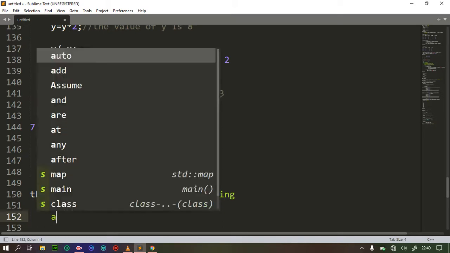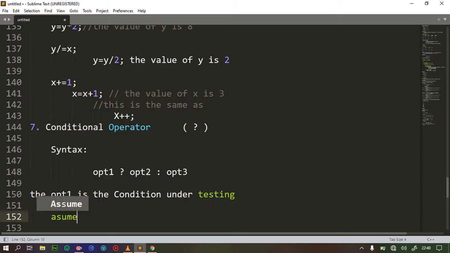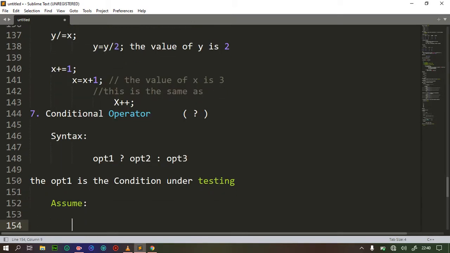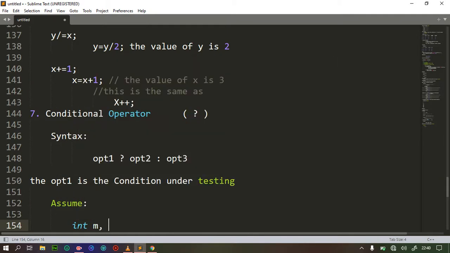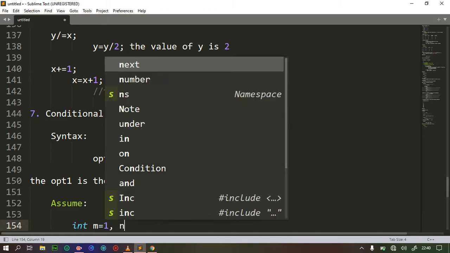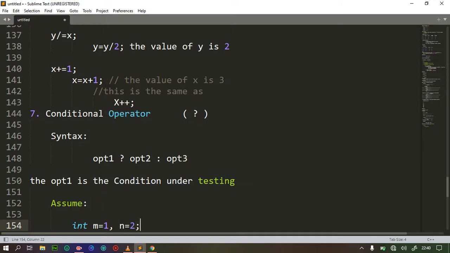So assume, or with an example, I have int m. Sorry about that. Maybe we should say m is assigned 1 and n is assigned 2.